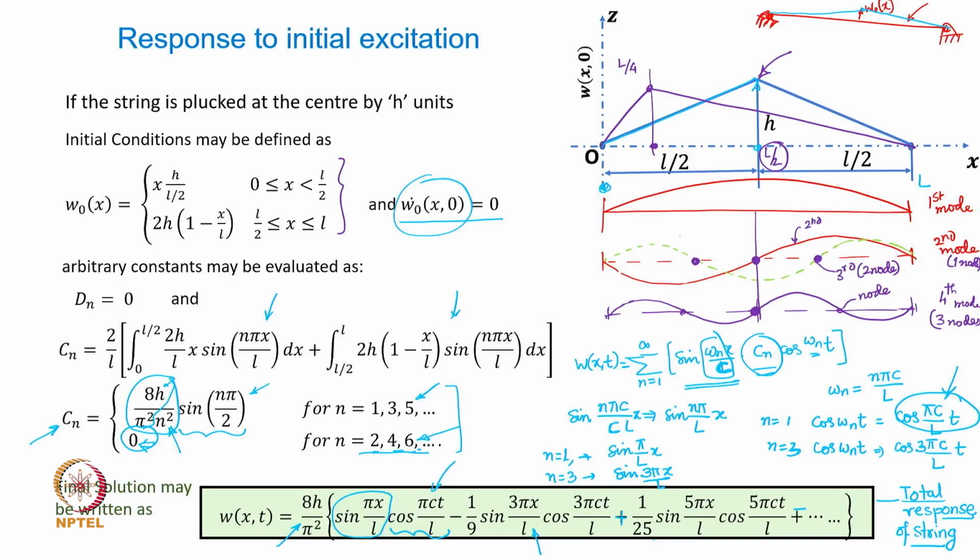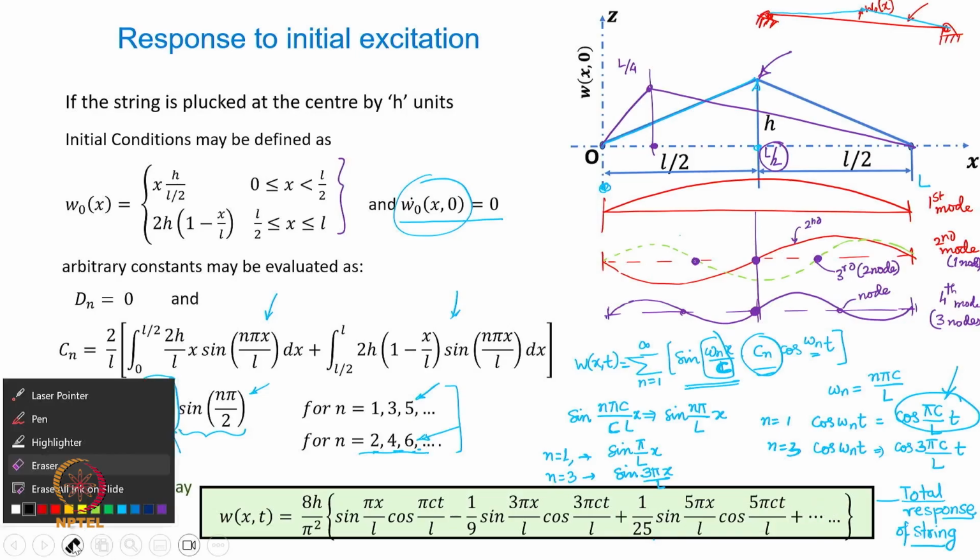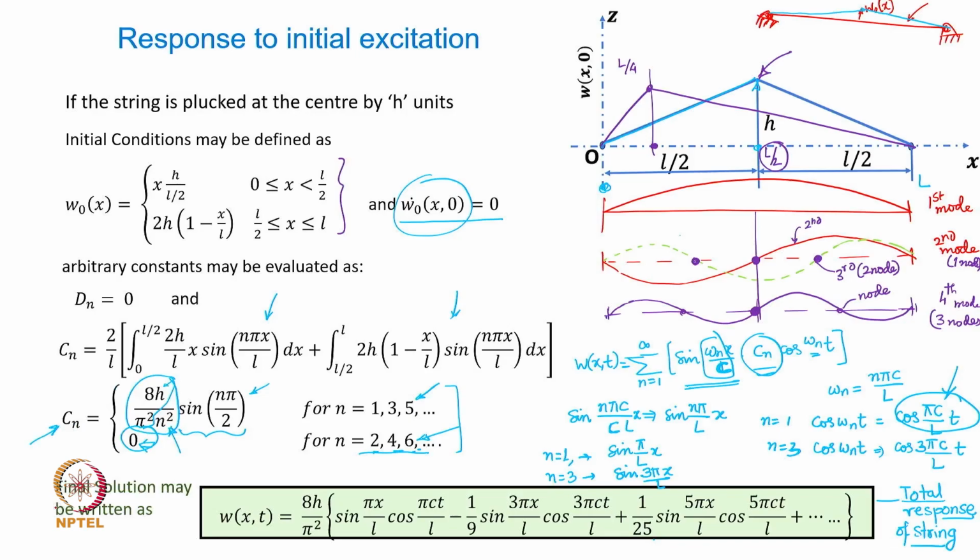What is also interesting is to look at the amplitude of each of the participating modes. What do I mean by that? Look at all these individual expressions. This is of course the common multiplying factor. So this is the first mode, and its value is 1 here.